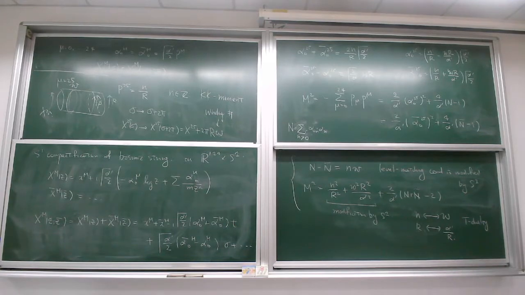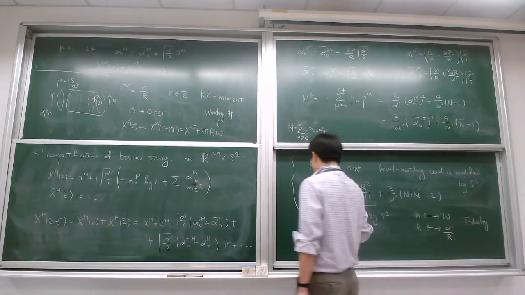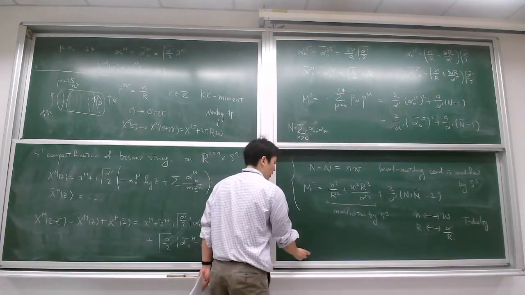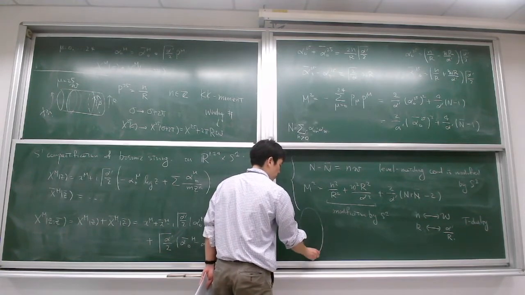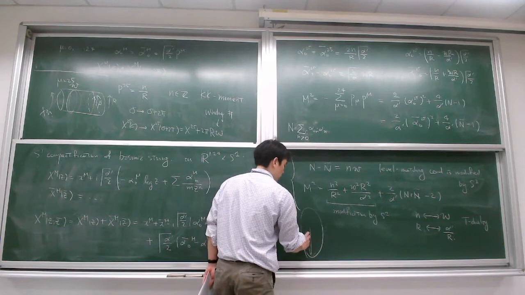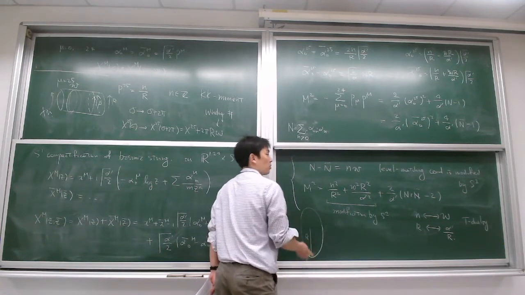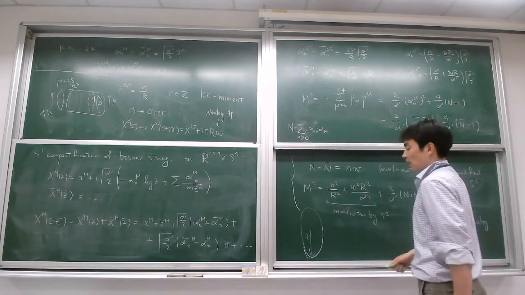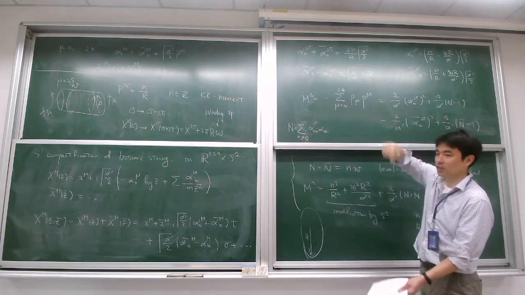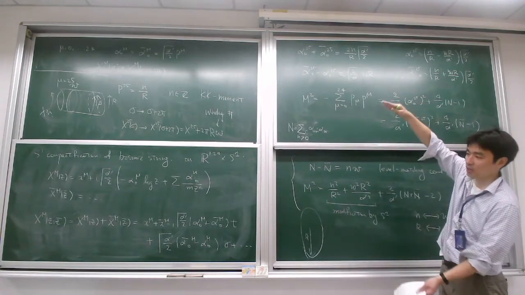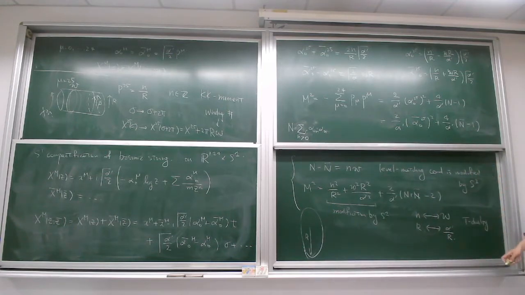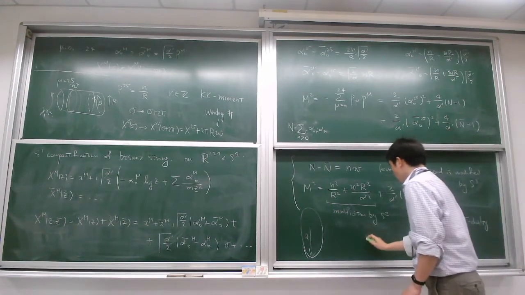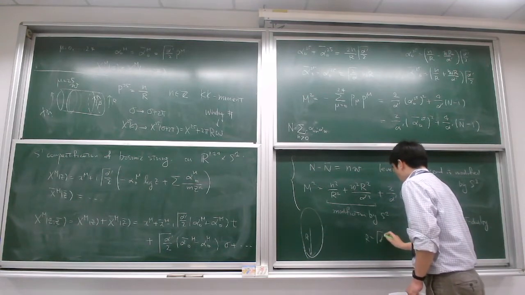So here this suggests that if you start with a big radius r and try to shrink the circle S1, so if you compactify the string theory on a circle with a big radius and try to shrink the size, it's the same as at the self-dual radius r equals square root alpha prime.